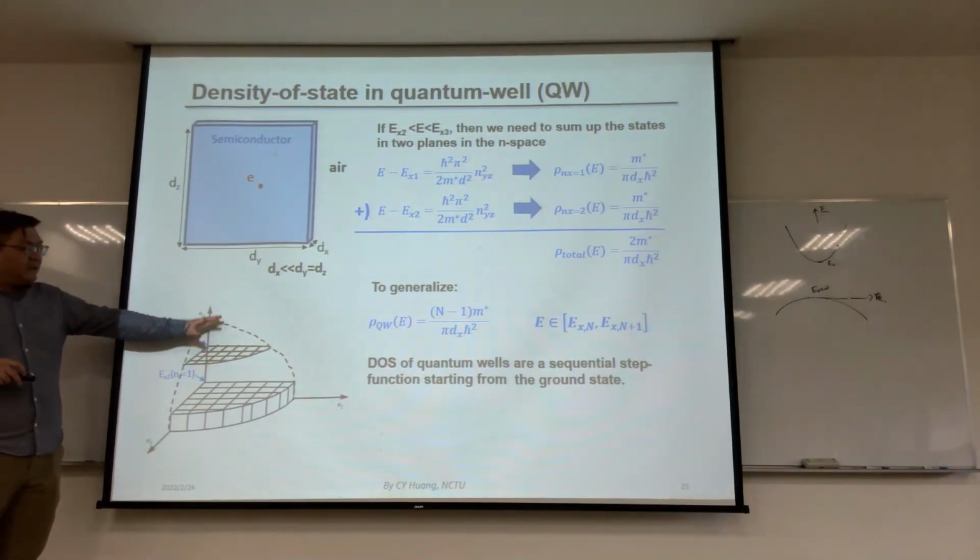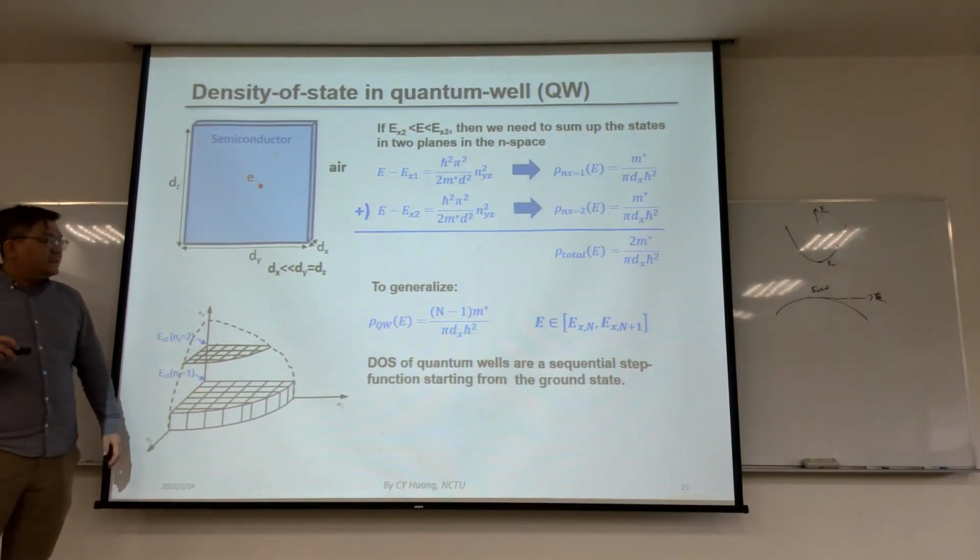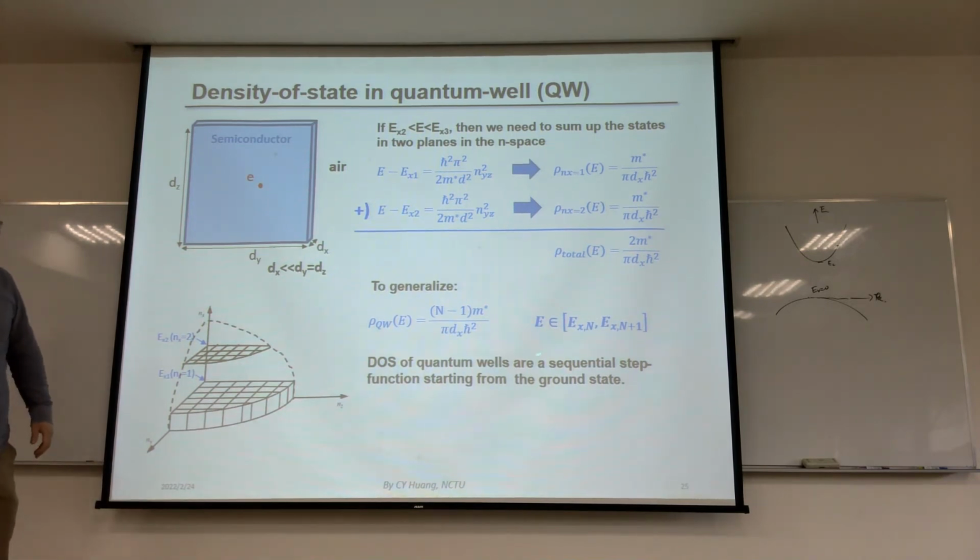Similarly, if the energy becomes higher and higher, the density of states will increase. Then here we have a general relation. If the energy is between the nth level and the n plus 1 level in the x direction, then your density of states will be a constant times n.